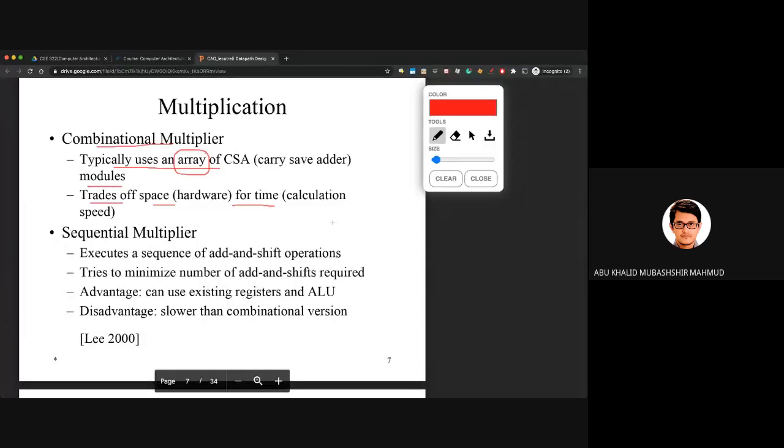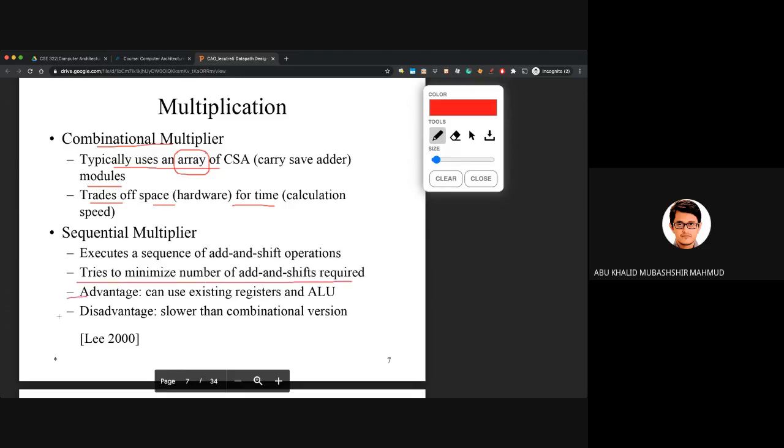And when we go through the topic of sequential multiplier, it executes a sequence of add and shift operations, and it tries to minimize the number of adds and shifts required.